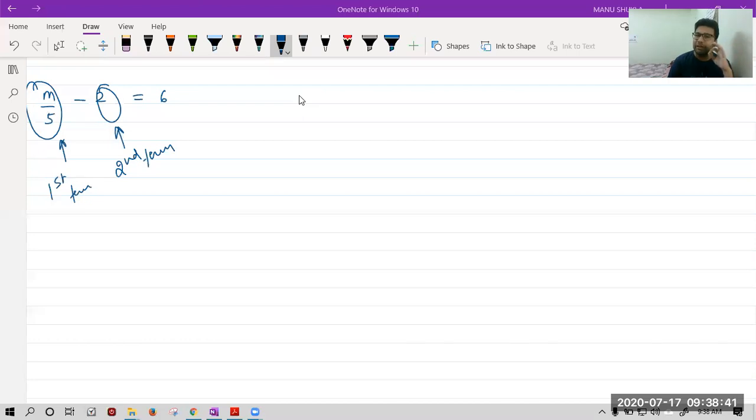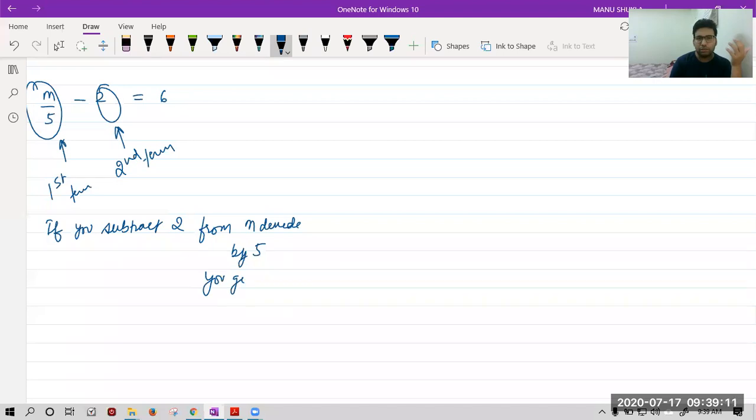The statement can be different from different persons. Kritika is saying subtraction of a number multiplied by 1 by 5 and 2 gives 6. No, beta, that statement is very complex. Make an easy statement like this: if you subtract 2 from m divided by 5, you get 6. It is very clear.